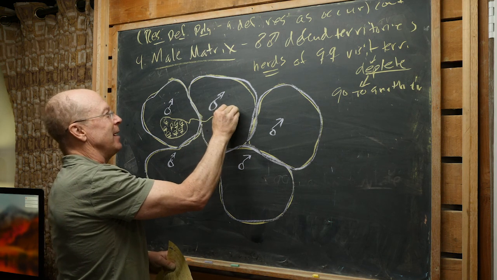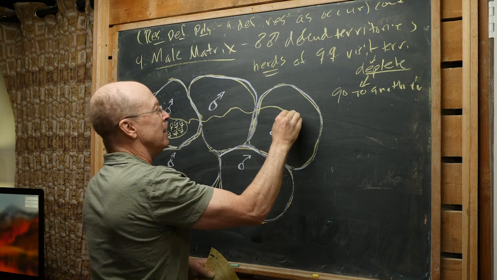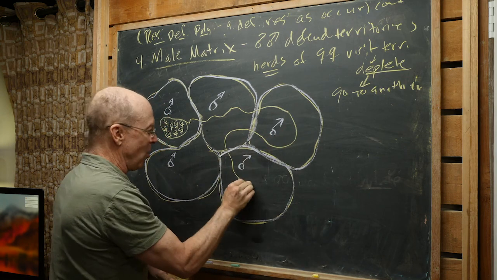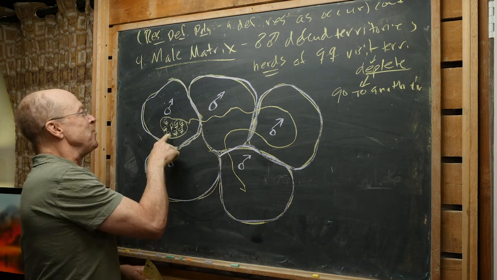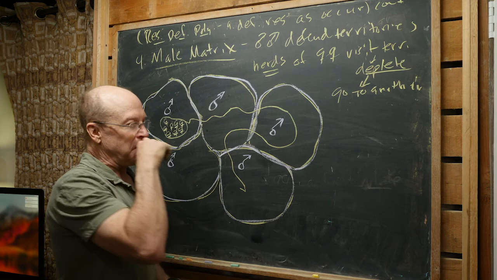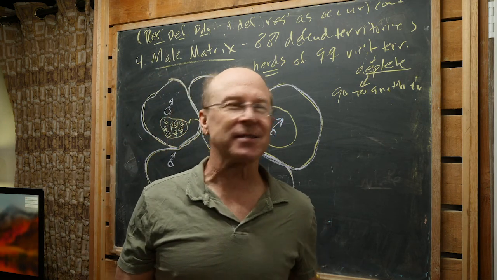And if you run out here, maybe get a mating or two, who knows, I'm going to go over here. I might go back over here because that was a good one. I might go over here. So through time, the female herd moves, but the males have to stay and defend their territories. That's a male matrix. Life in the matrix.